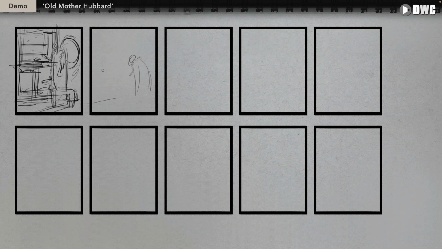I'm going to do a little tighter crop so you can see their expressions. Looks like a cat now. Jeez, you can tell I don't draw animals.